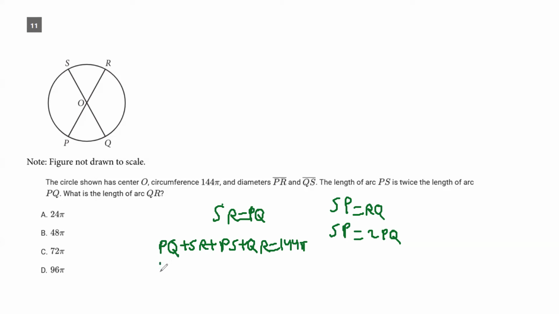So the first two will be PQ plus PQ again plus 2PQ plus 2PQ equals 144 pi. So that is 2 plus 2 is 4, plus 1 plus 1 is 6 PQ.